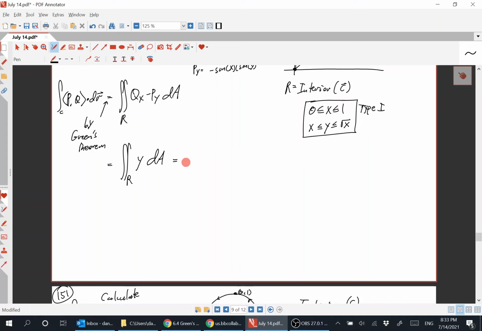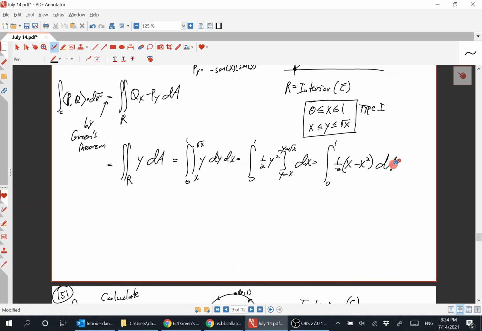So this is equal to the iterated integral from x to root x, 0 to 1, y dy dx. So the integral from 0 to 1, 1/2 y squared, from y equals x to y equals root x dx. So it's the integral from 0 to 1, 1/2 x minus x squared dx.